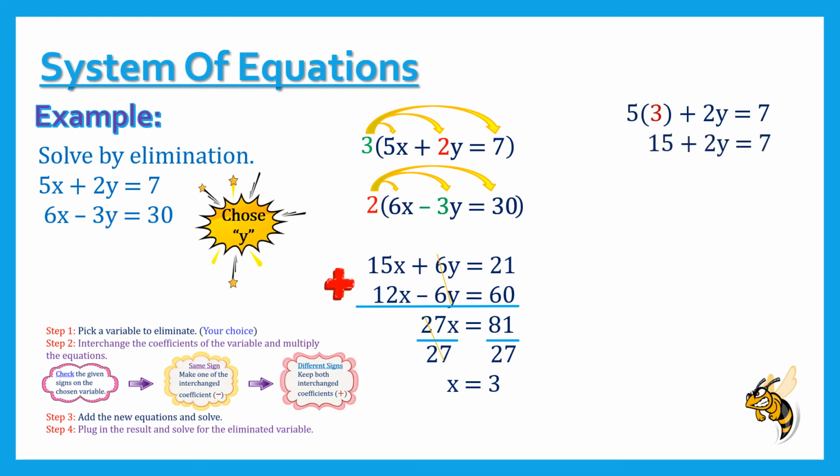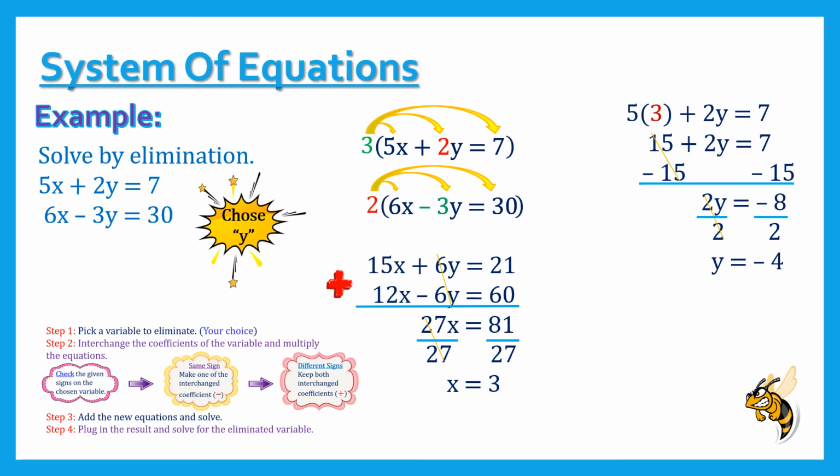So 15 plus 2y is equal to 7. I need to move the positive 15, so I'm going to subtract 15 from both sides. 2y is equal to negative 8. I'm going to divide both sides by 2 to remove the coefficient of 2. So y is therefore equal to negative 4.